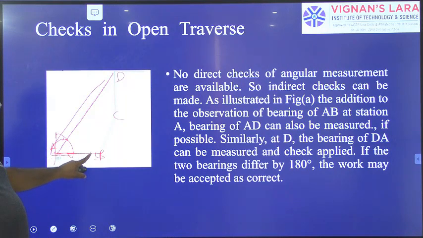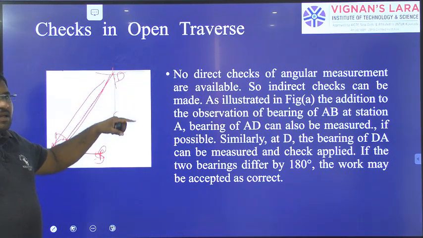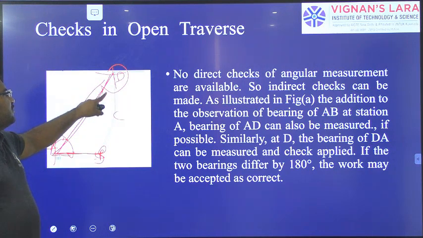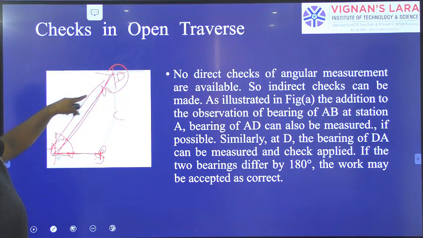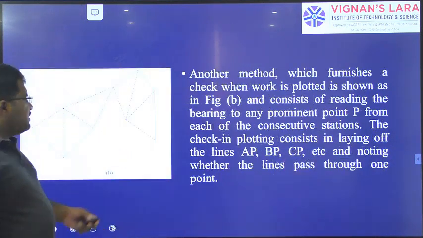Here what we do is take one reading at B, then take one reading at D also. When you reach station D, the difference between these two angles should be 180. If that holds, it is accepted.